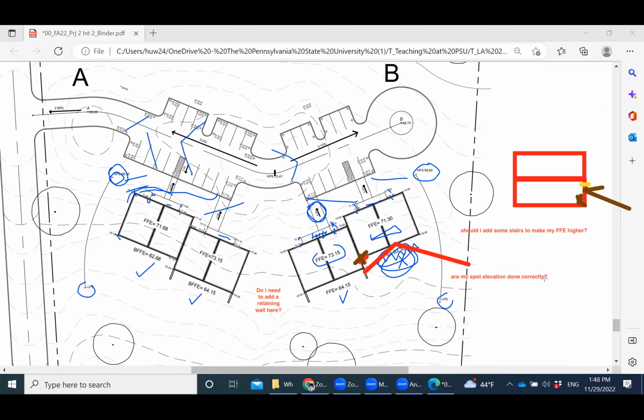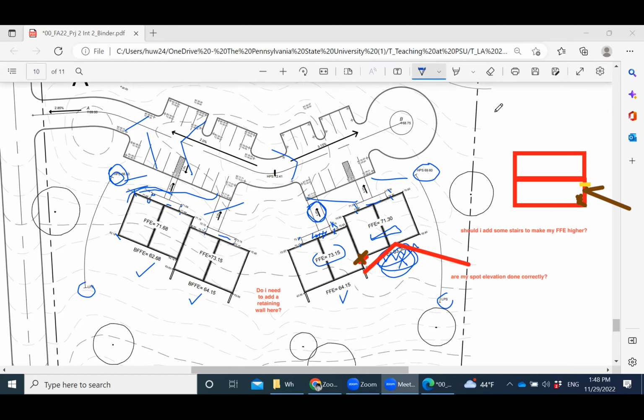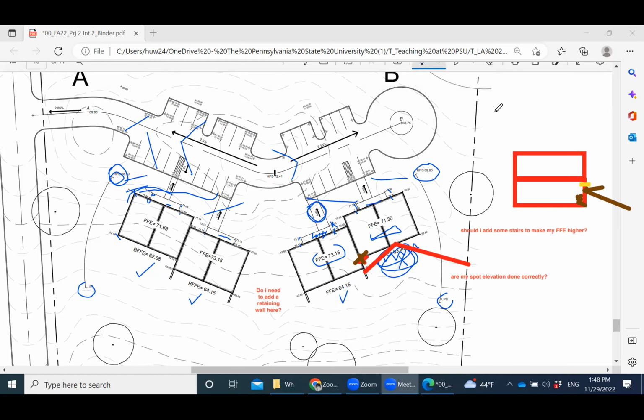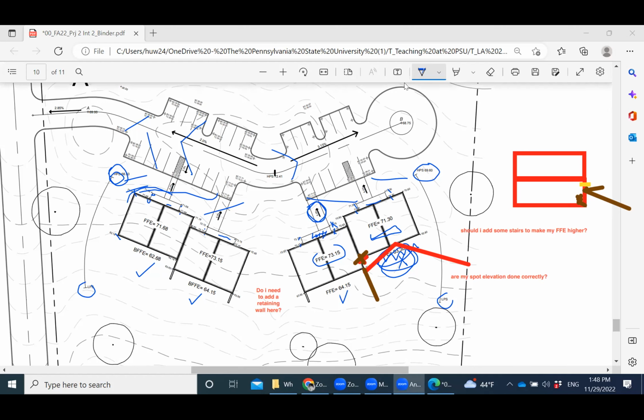How about, do I need to add a retaining wall here, or should I figure out the contour first? You would need retaining walls between these two units, just because this is 64.